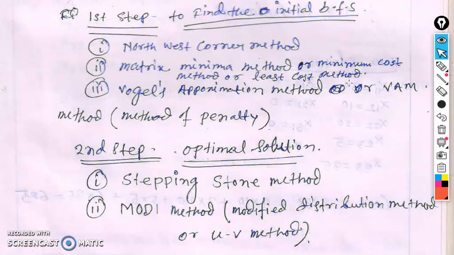What is the meaning of optimal solution? That is very important. If you are the owner of a company and you want to buy something from the market, you always try to reduce your costing. The optimal costing means the minimum cost.